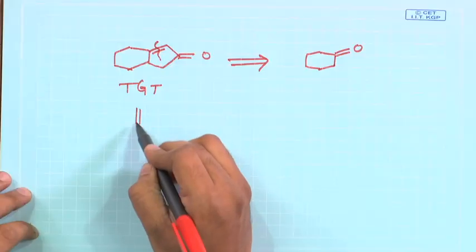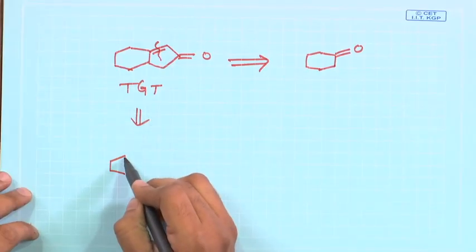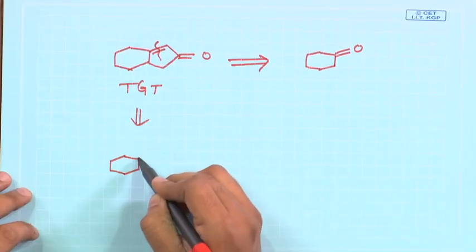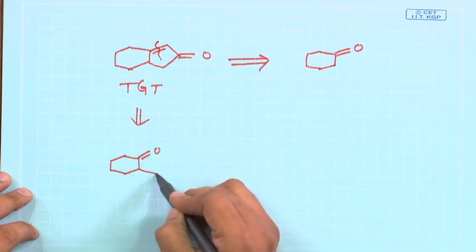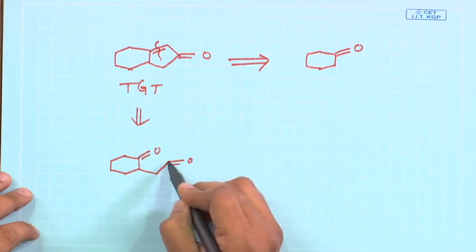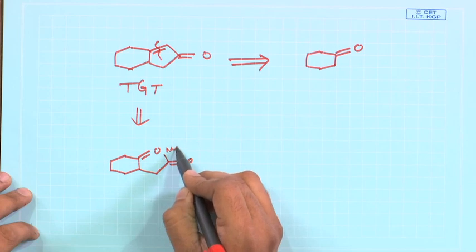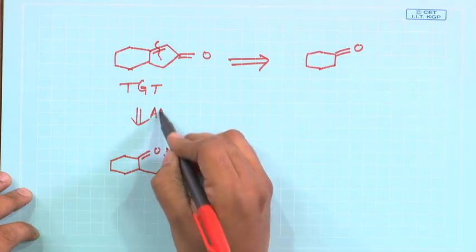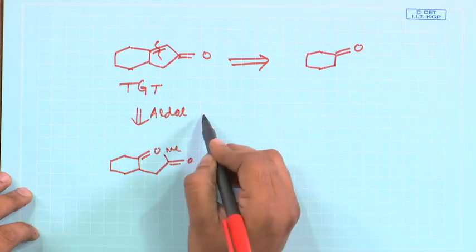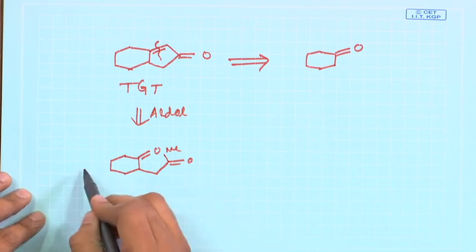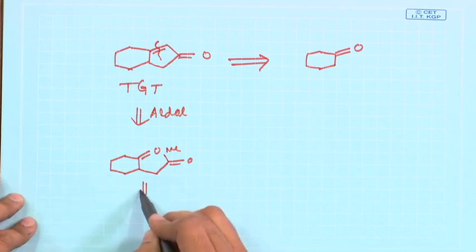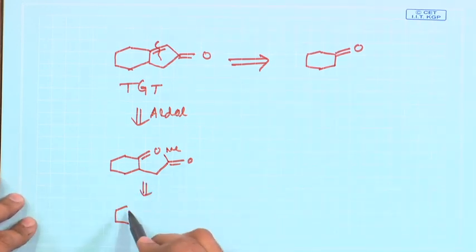So, if you do a retrosynthesis, something like this is very familiar to all of you. You can have one of these compounds as an intermediate, and you can do an aldol transformation. Fine. Now, what you need to do? You need to go back to the starting material.